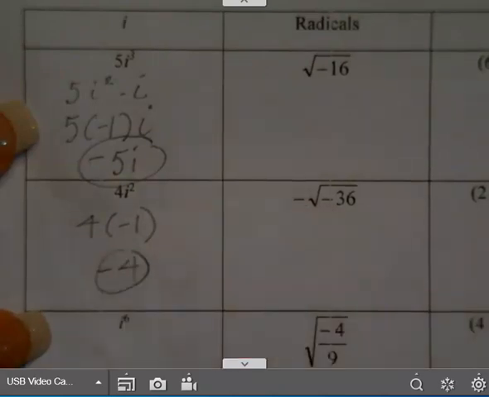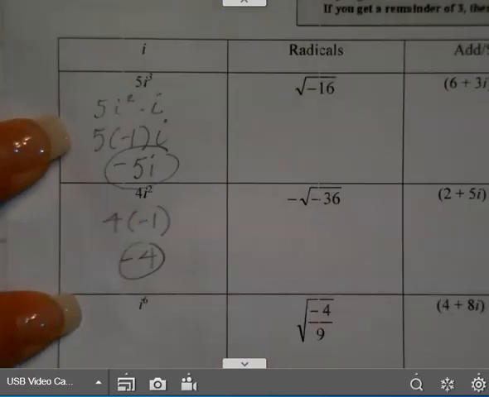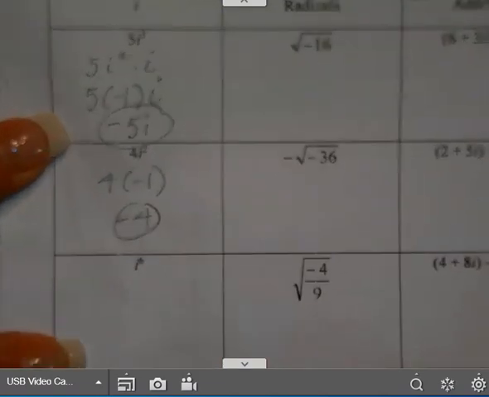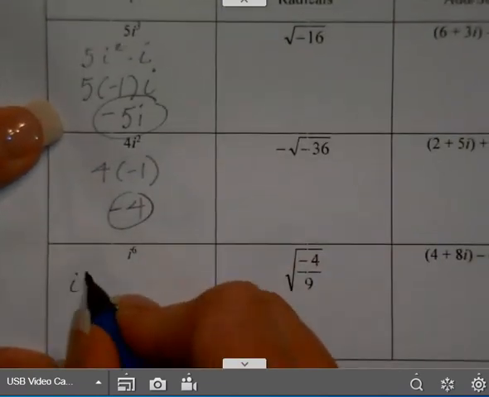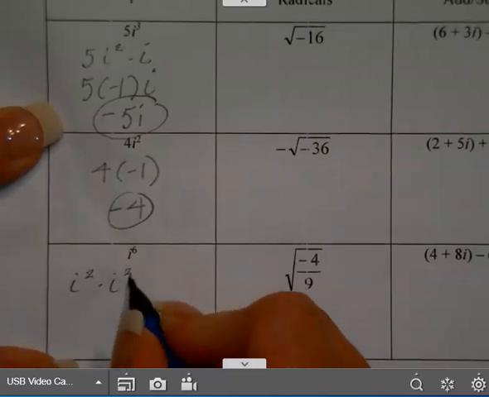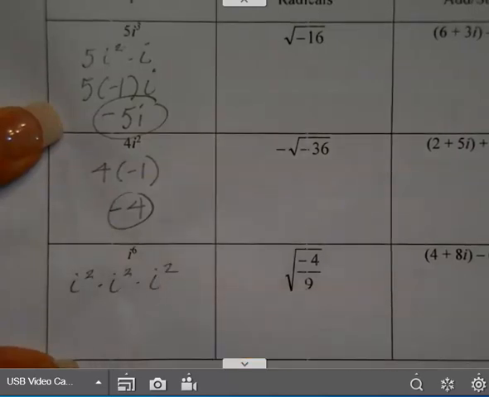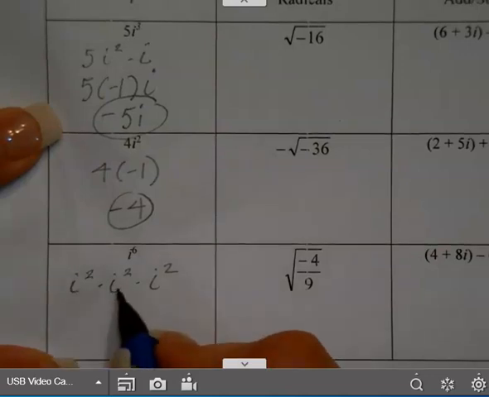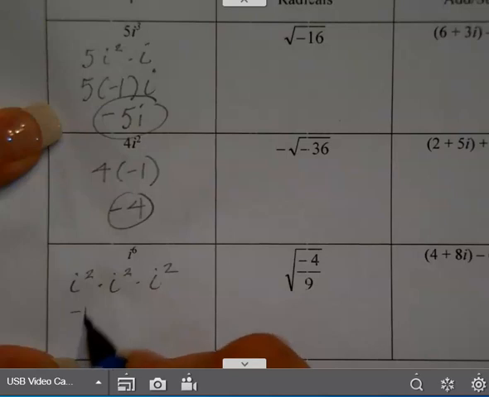And my next one is i to the 6th. Let me zoom out just a smidge. I can write that as i squared times i squared times i squared. Or you could go around on your circle or look at the remainder. This is going to be -1 times -1 times -1.